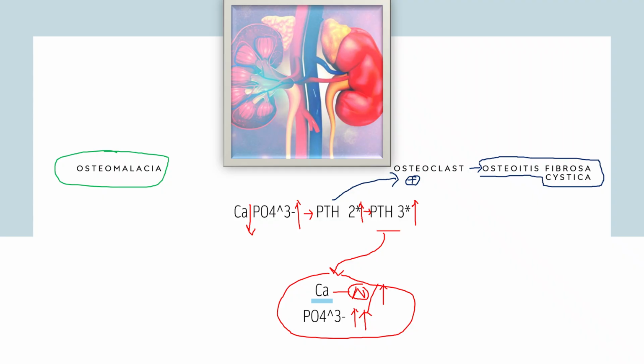It will be normal or increased, and the phosphate level is becoming more and more increased, and this will lead to osteitis fibrosa cystica. This is a clinical presentation of CKD, and another thing is osteomalacia.